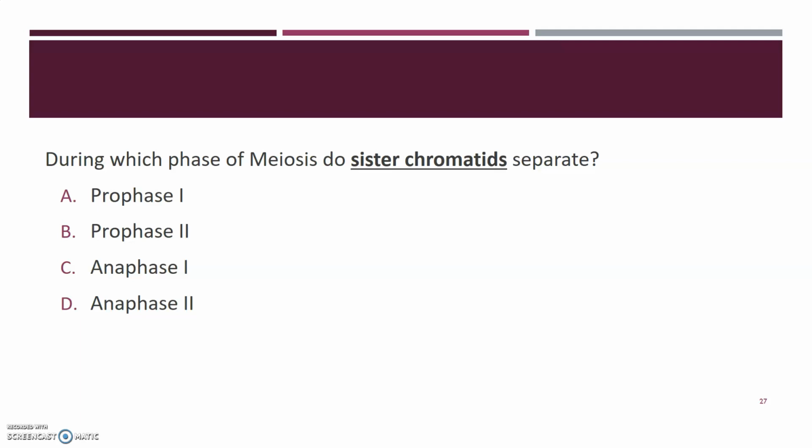And so there's anaphase 1 and anaphase 2. And that's where the sister chromatids come in to be important to answer the question. Because the sister chromatids actually separate during anaphase 2. Homologous pairs, or the two X's, separate from each other in anaphase 1. The two halves of one X, or the sister chromatids, separate from each other during anaphase 2 in that chromatid disjunction.